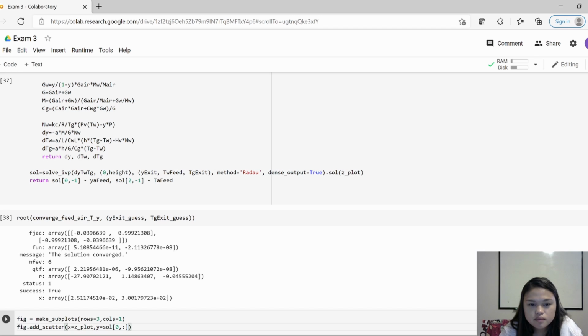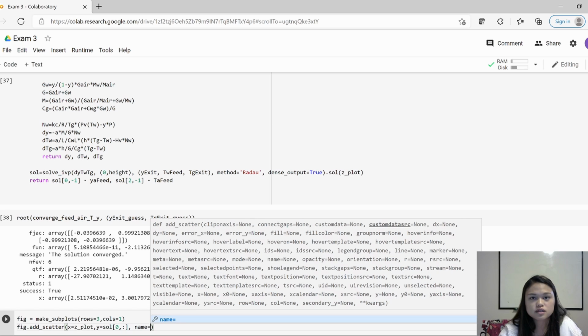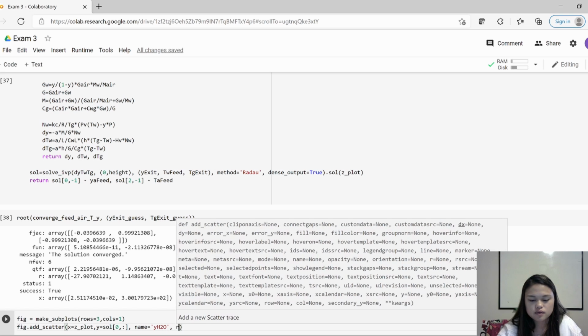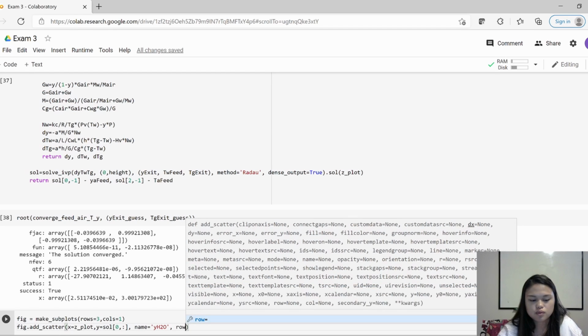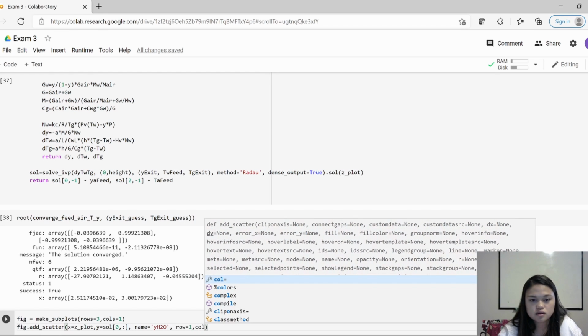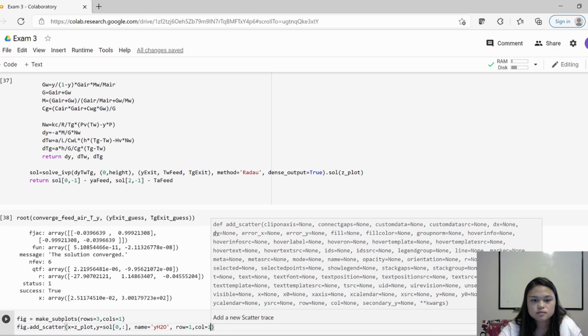That's helpful. Okay, and now I want to name it, and this is going to be the mole fraction of that water vapor. And then I'm just going to put this in row 1, column 1. Let's see, does that look good?